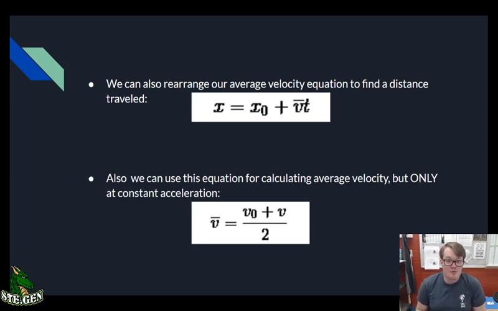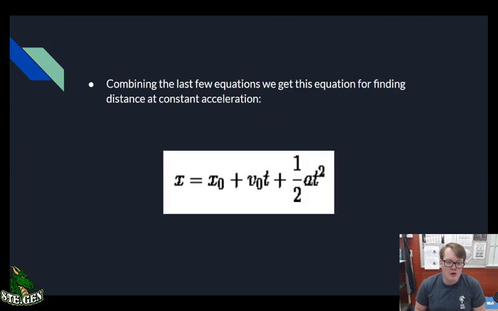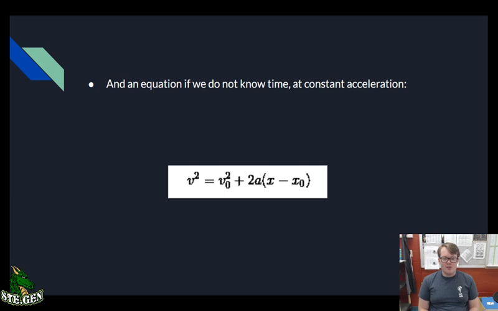Average velocity can be found if acceleration is constant by taking initial velocity and final velocity, adding them together, and dividing by 2. You can figure out a final point, or how far was traveled, if you know the initial point, the initial velocity, time, and acceleration. And you can also find the final velocity if you know the initial velocity, the acceleration, and the displacement. Again, this one doesn't have time.